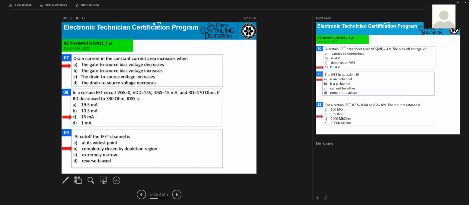I'm probably wrong on this, but if the answer is 15 milliamps, then ID and IDSS are the same. Why would they be the same? I forget, one area you have saturation, and the other area you have cutoff. Is that because of saturation? On one axis you have one thing, and on the other axis you have something else.